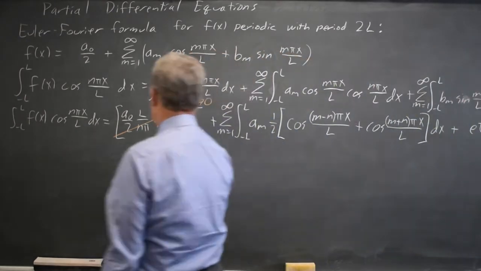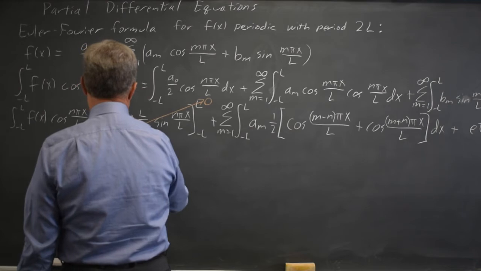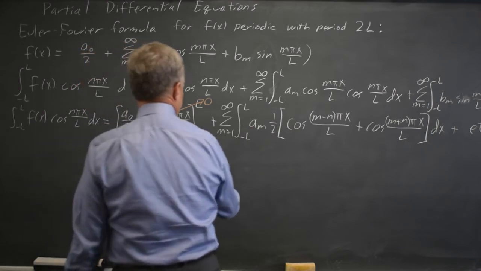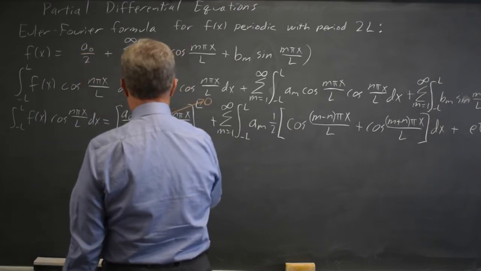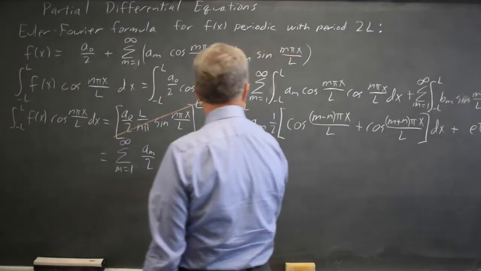Integrating these, I have the sum 1 to infinity of Am over 2, combining the Am with the 1/2.